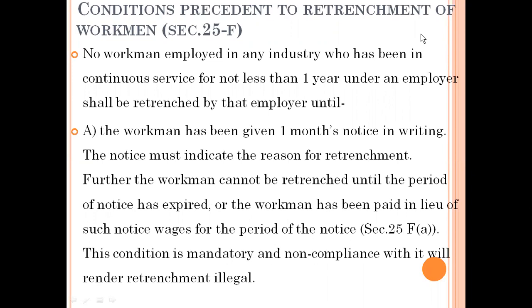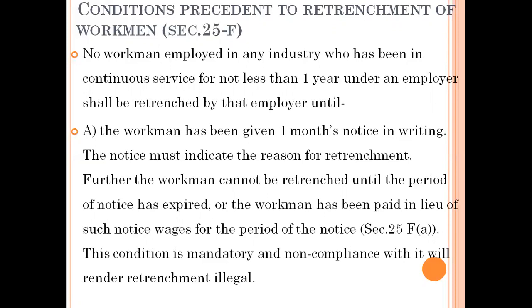Conditions precedent to retrenchment of workmen, section 25F. No workman employed in an industry who has been in continuous service for not less than 1 year under an employer shall be retrenched by that employer until the workman has been given one month's notice in writing.